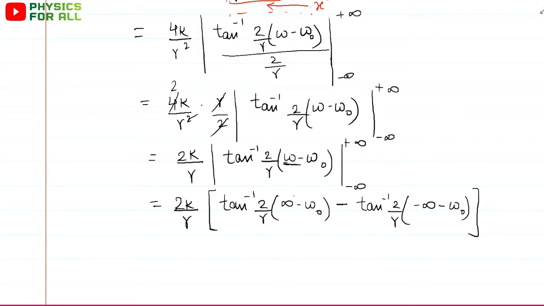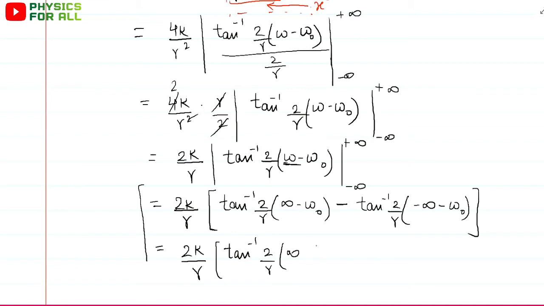Anything added to infinity, anything subtracted from infinity, anything multiplied by infinity stays infinity. So this is going to be simply infinity. So I'm just writing here that this is 2k by gamma tan inverse 2 by gamma. Fine, now this is infinity. All these steps I'm just writing down to explain to you.